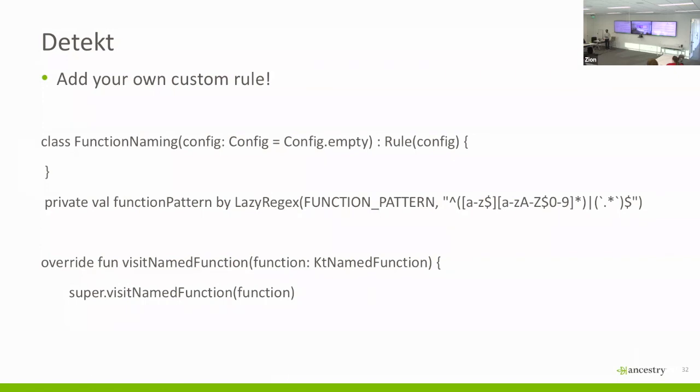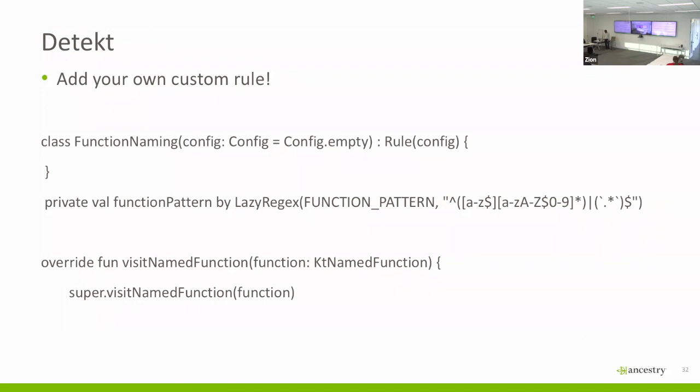It follows a visitor pattern, and because we have access to the AST, the abstract syntax tree, from the Kotlin compiler, which goes through each and every file, you're able to get the function there, and then you can use your regex to see if the condition passes or not. So that's how you would write a custom rule.